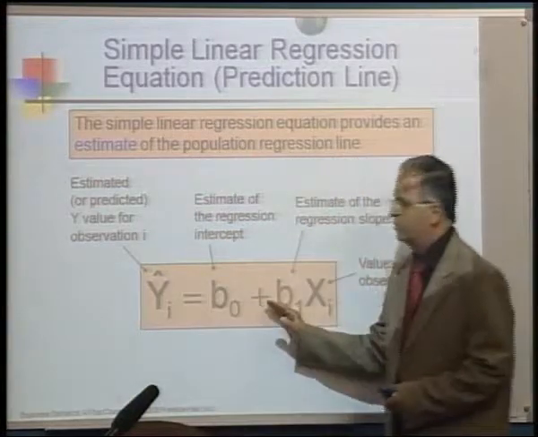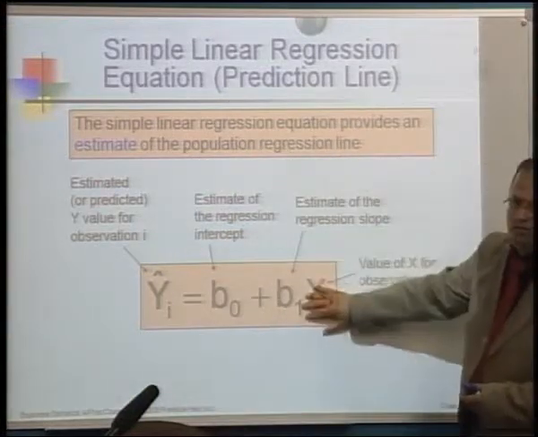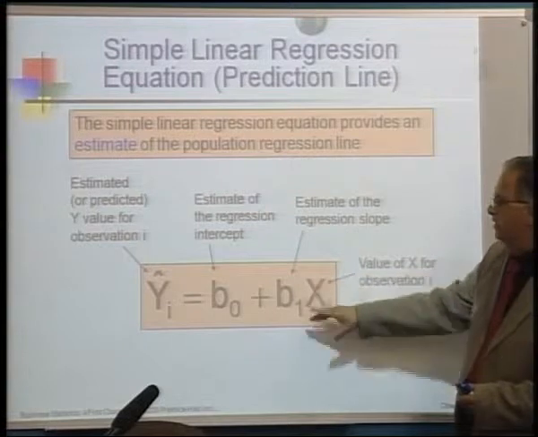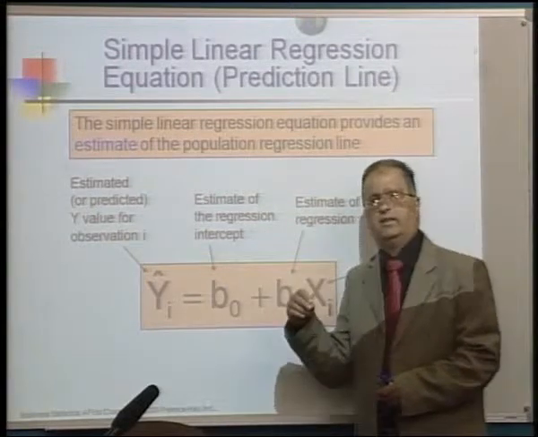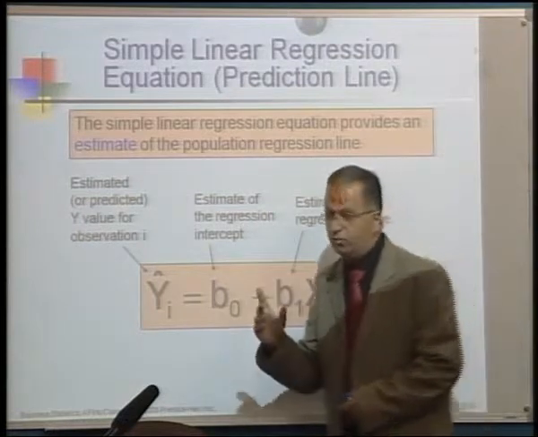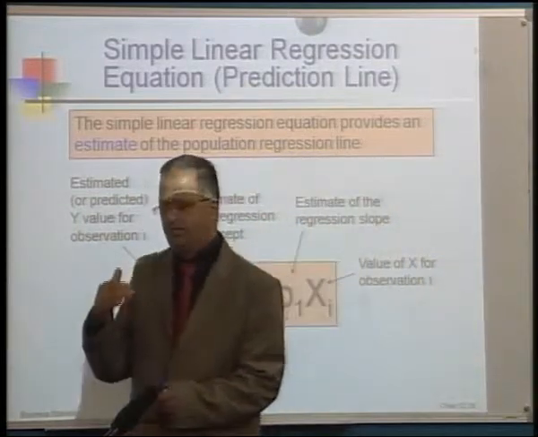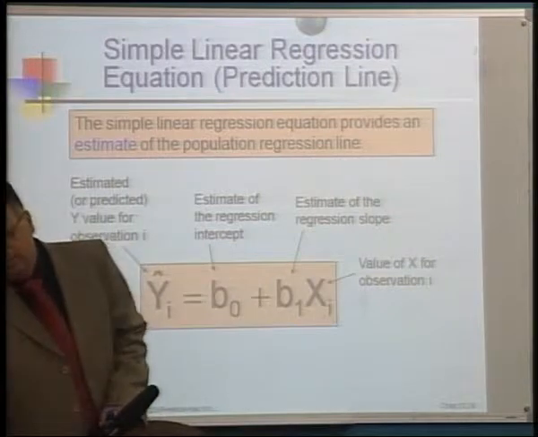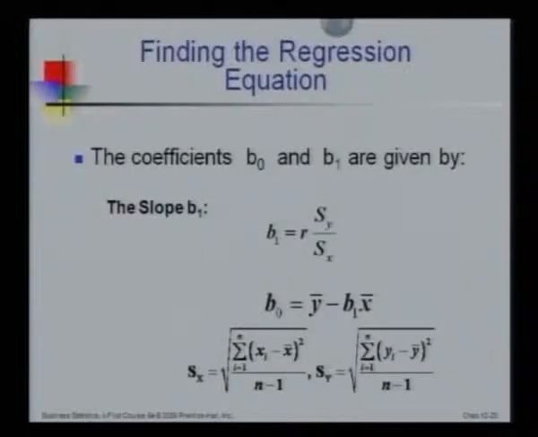Now, this equation is called the linear regression equation or regression model, which is a straight line, because here we are assuming that the relationship between x and y is linear. It could be nonlinear, but we are focusing here on just linear regression. Now the values for b0 and b1 are given by these equations. B1 equals r sy divided by sx.